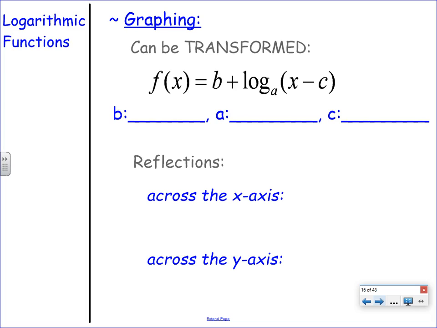Because remember, we could say that this was the old y value, so the y's are adding b, which is why everything on the outside affects the graph vertically. So B is a vertical shift, because it's plus. A is just the base. And then C, since we're subtracting on the inside, what's that going to be? Horizontal. It's on the inside. Horizontal shift.